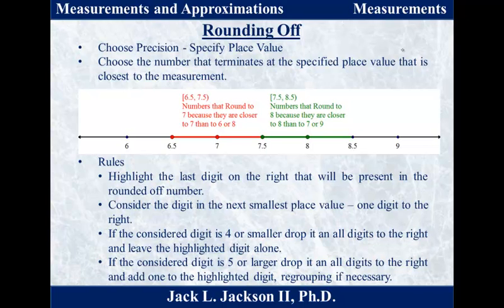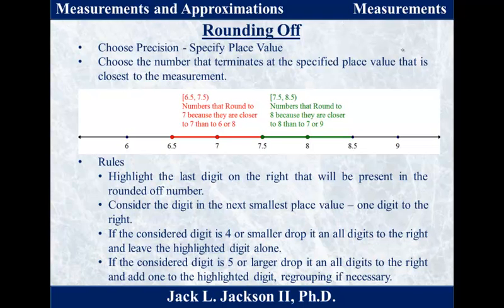Well, we want all the numbers which are closer to 7 than they are to any other whole number or any other integer. The numbers that you see shaded in red on the number line are closer to 7 than they are to 6 or 8 or any other whole number, even any other integer.